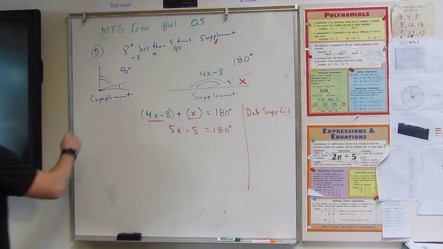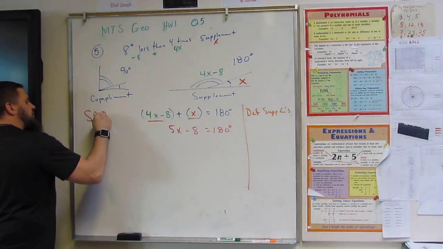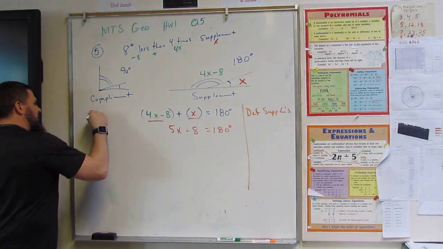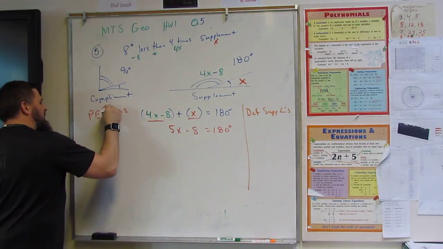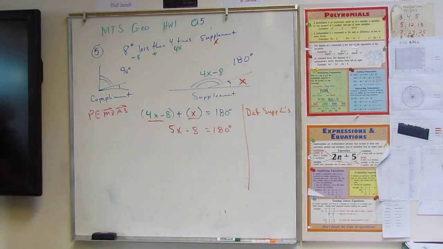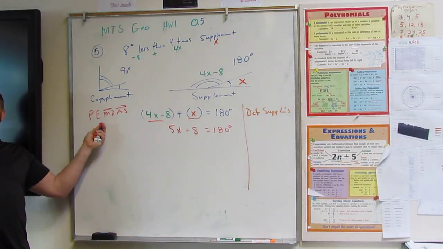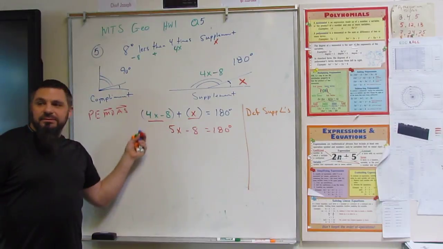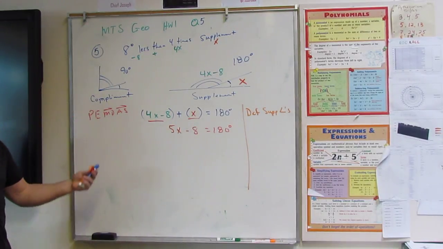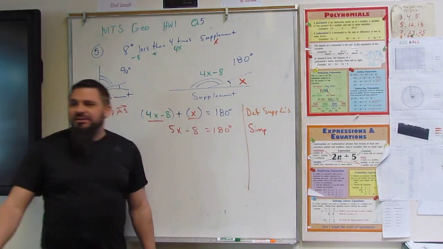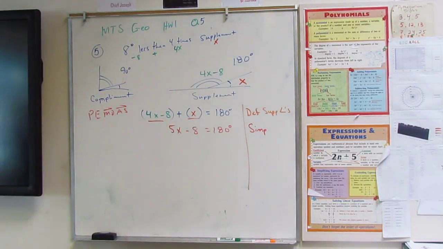In math we call it PEMDAS, where we look for parentheses, exponents, multiplication, division from left to right. I get to add these two; we're just adding them up. Anytime you're doing PEMDAS, you're doing simplification.